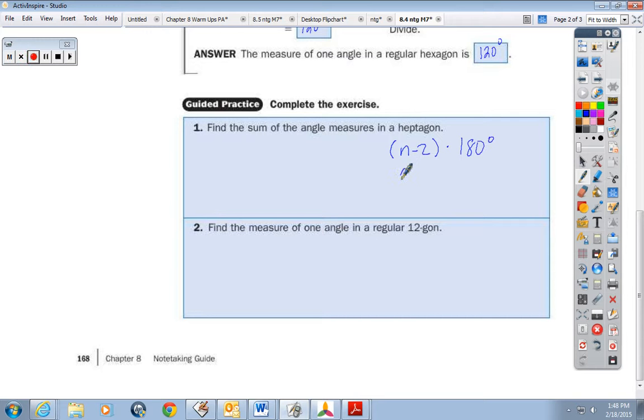I'm going to take 7 minus 2, which is 5. And then 5 times 180 is 900. So all of the angles in a heptagon, a regular heptagon, or in a heptagon, it didn't necessarily have to be regular, would add up to be 900.